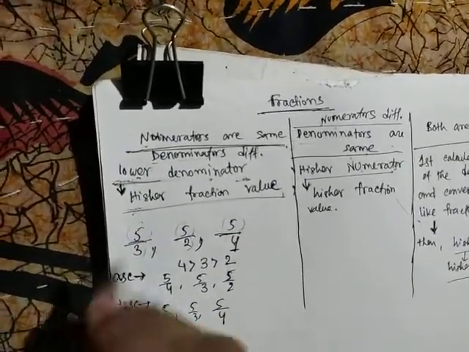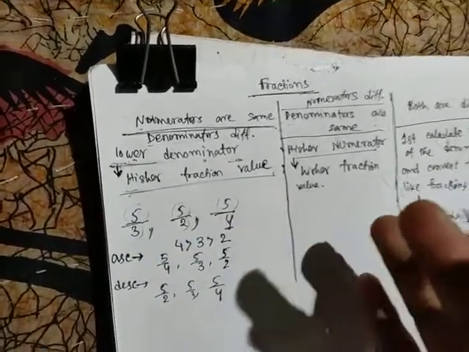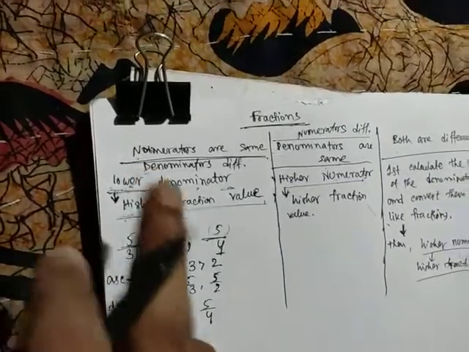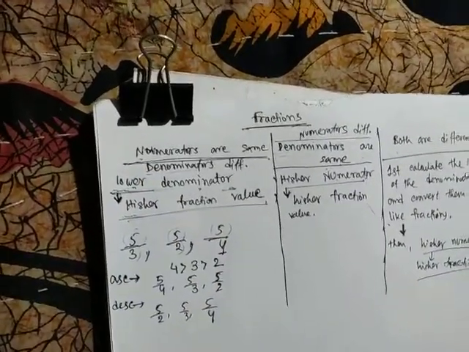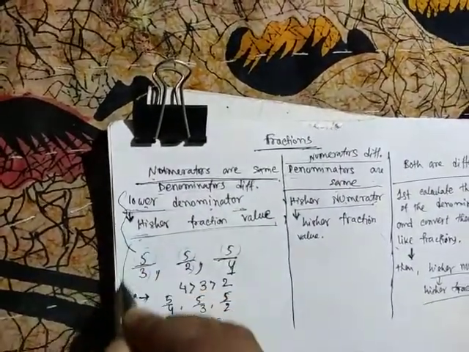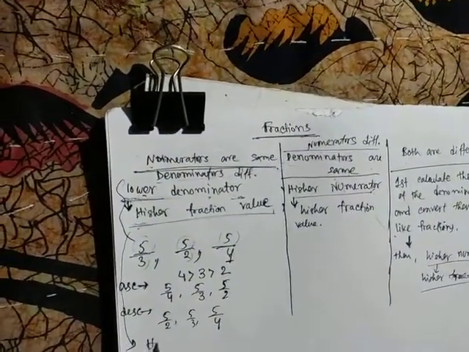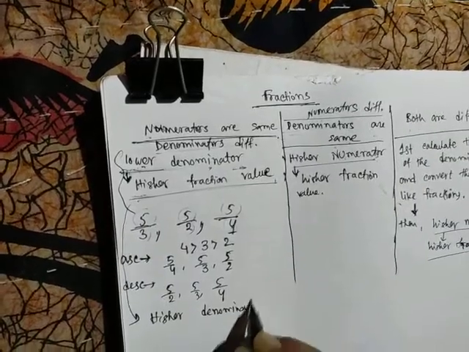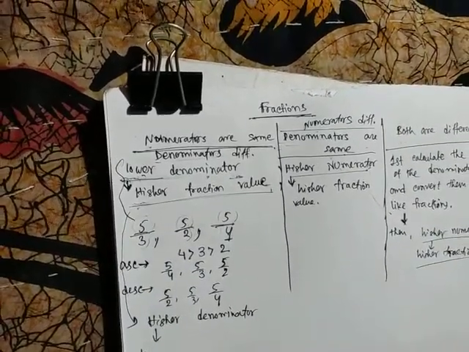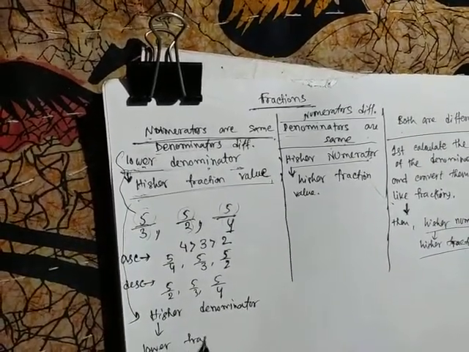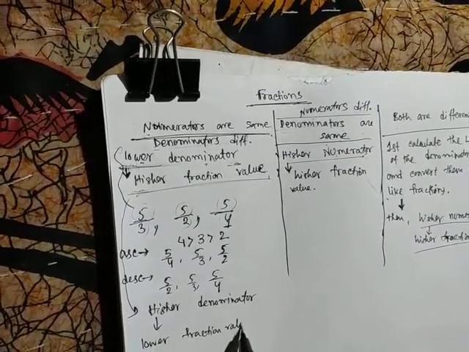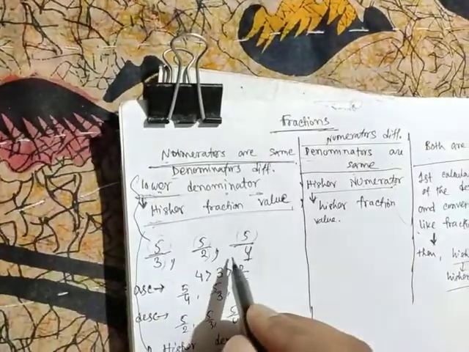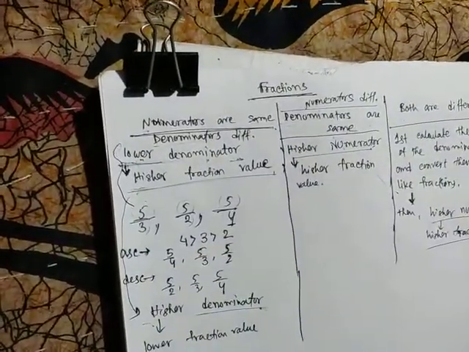Next 3, then 4. 4 is the highest denominator, and a higher denominator means lower fraction value, so this is the lowest fraction.